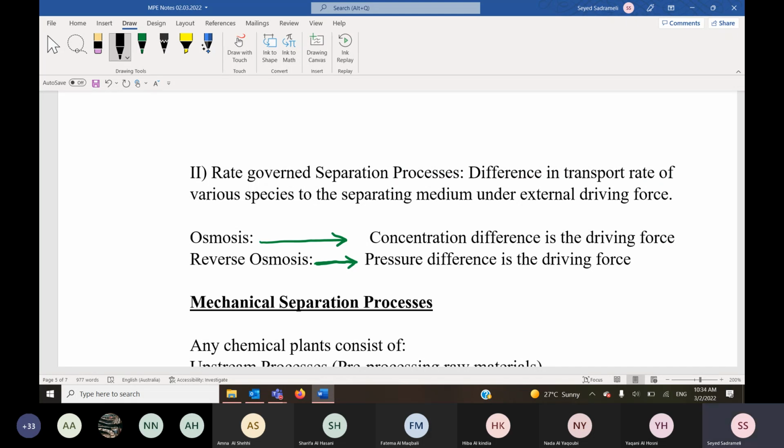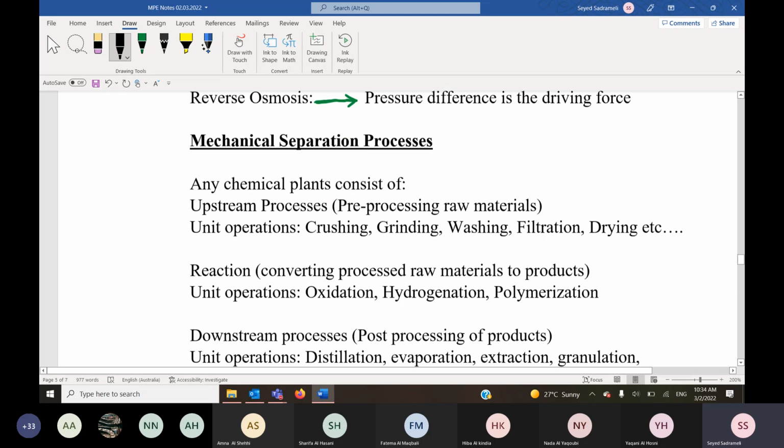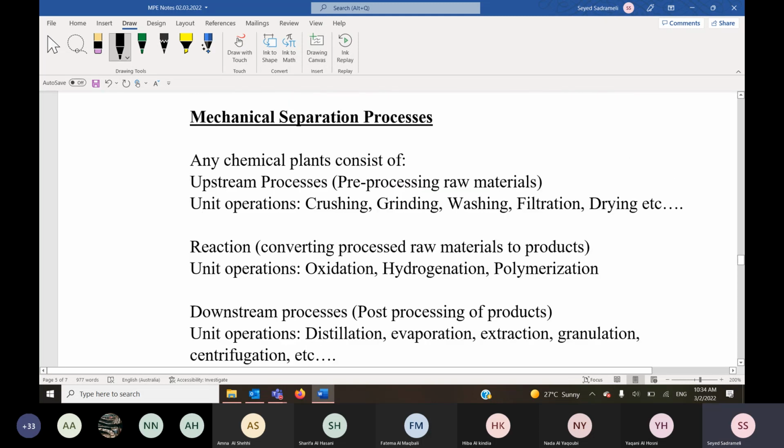That's why fluid dynamics and fluid mechanics is the prerequisite for this course. Any chemical plant consists of upstream processes as mechanical separation, which is pre-processing of raw materials, and unit operations like crushing, grinding, washing, filtration, and drying.